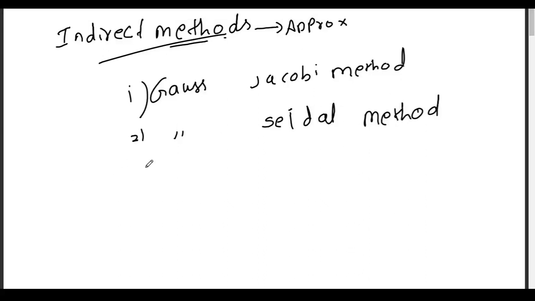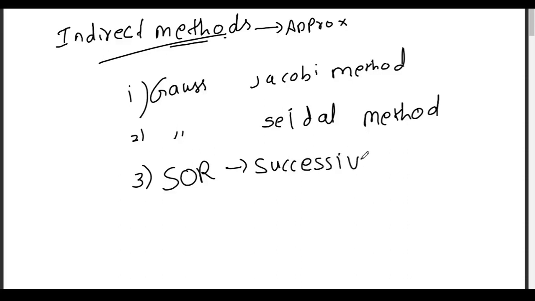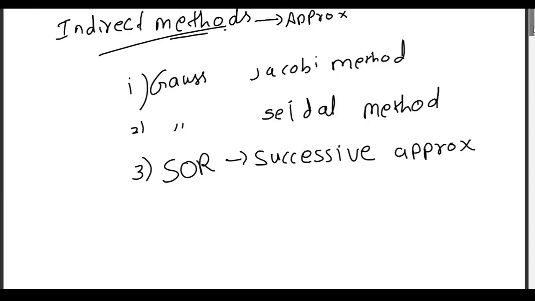First is the Gauss-Jacobi method, second is the Gauss-Seidel method, and the third one is SOR, that is the successive approximation method. These are the three methods for solving linear equations by indirect methods.